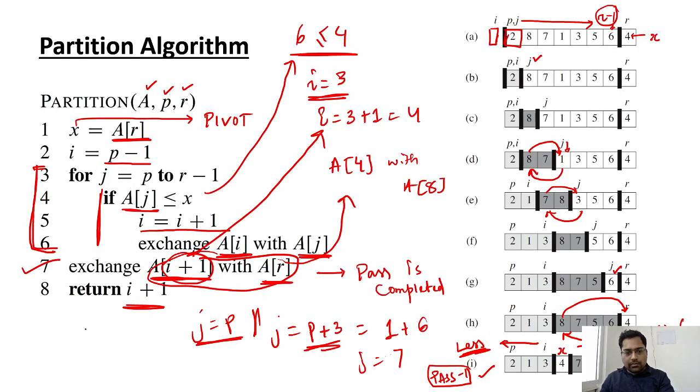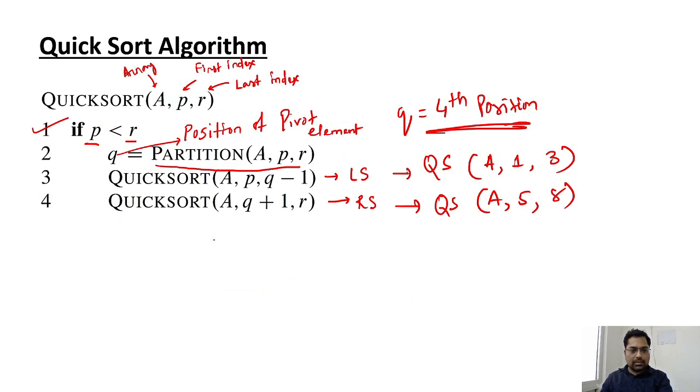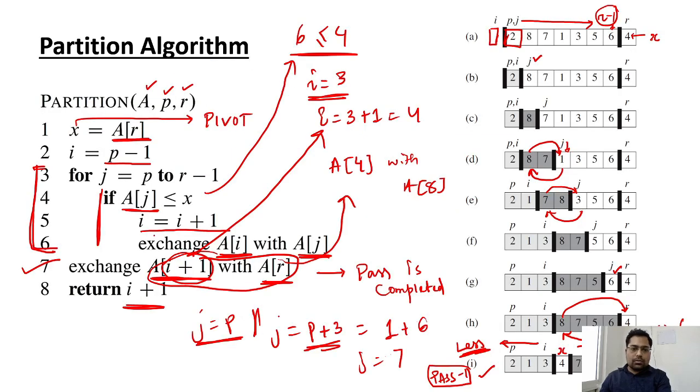This is what exactly we found. We must discuss the complexity of it. For finding complexity I'm using the red pen again. Whenever we are doing the partitioning, a for loop is getting used.